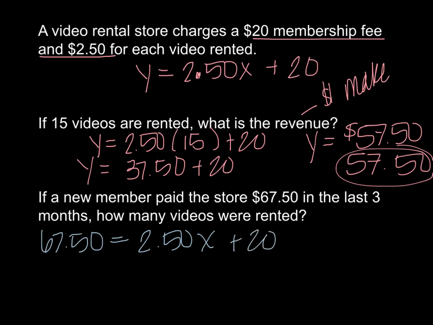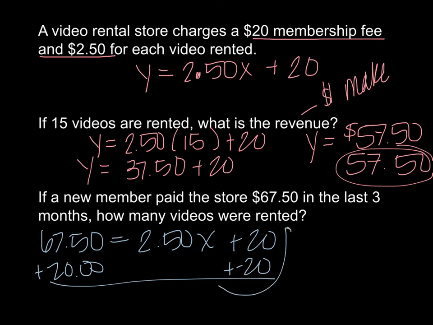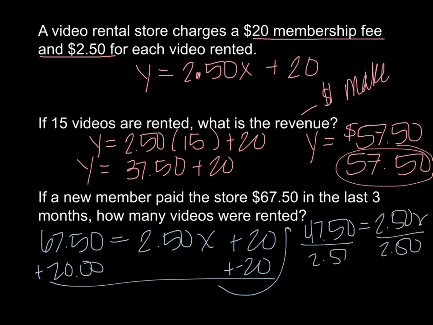Now I'm going to solve for x. I'm going to add a negative 20 to both sides, and I'm going over here because I'm running out of room. You get 47.50 equals 2.50x. Then I divide by 2.50. So x equals 19 rentals.